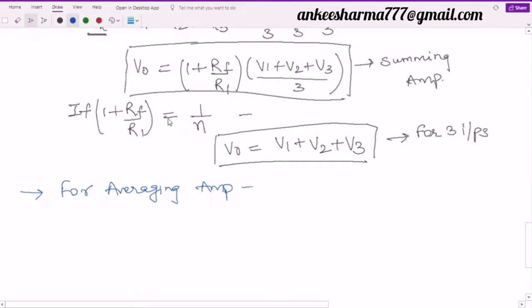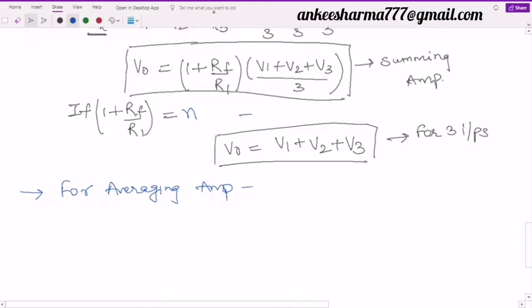Yeah, it is equal to n. Right. It is equal to n. Then only it will be cancelled out by this value of 3 over here, which is the total number of the inputs. Very right, beta. So we have obtained this one.